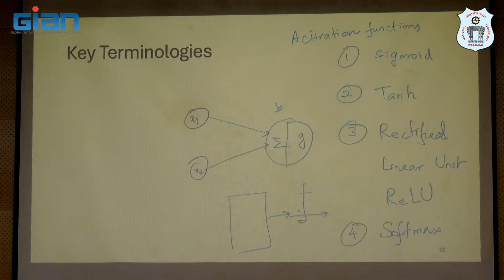Typically a rectified linear unit is preferred whenever you want to avoid the vanishing gradient problem. That is one major reason why it is preferred. Those technicalities we will discuss later, but I'm just giving you the terminologies now for those of you that are not familiar. Okay.